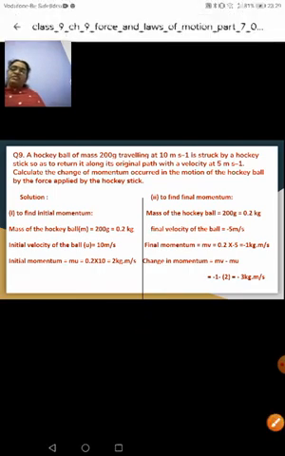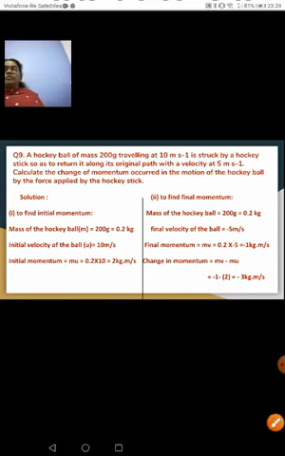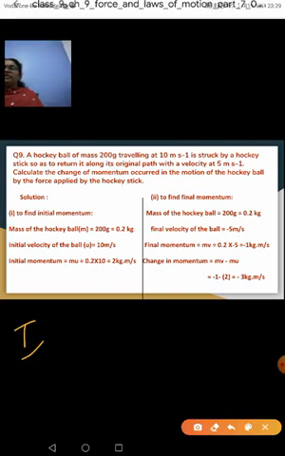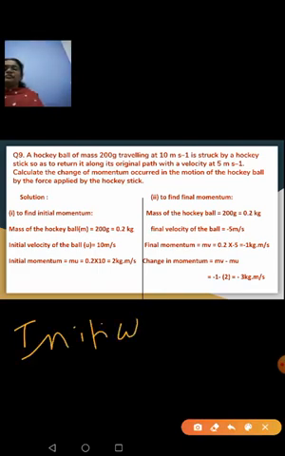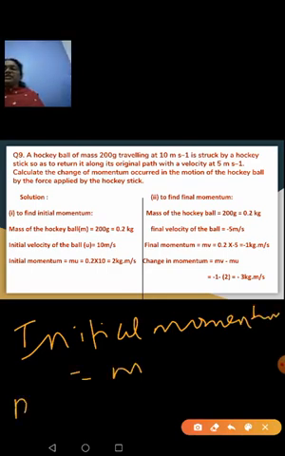So first I will calculate the initial momentum. Momentum formula is what? P is equal to mv. For initial momentum, this V will be assumed by me as u.